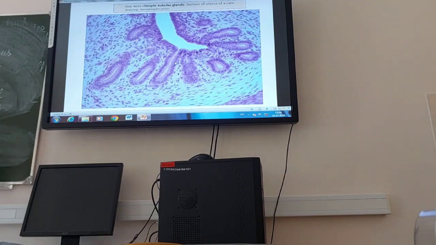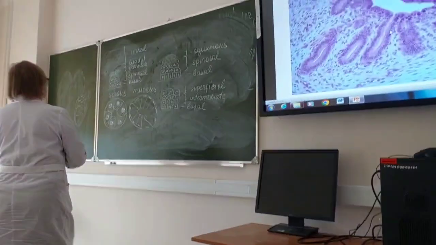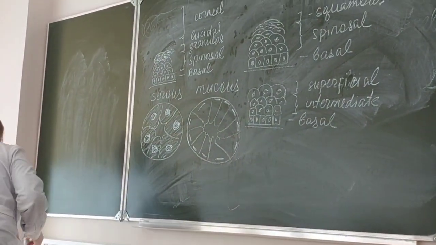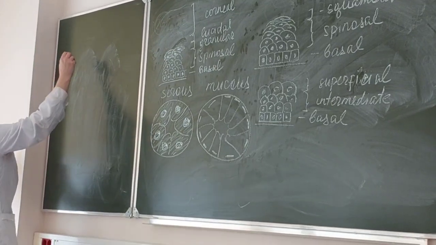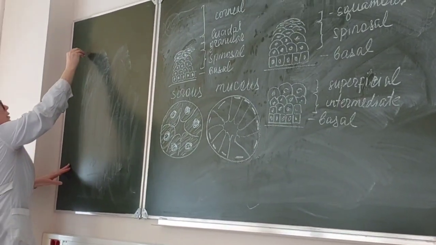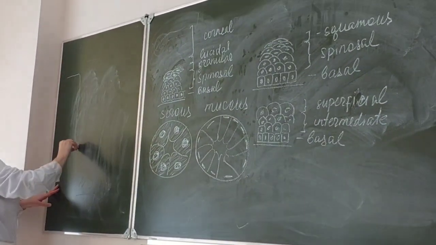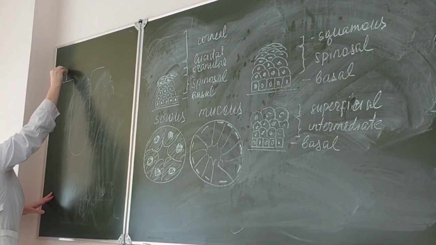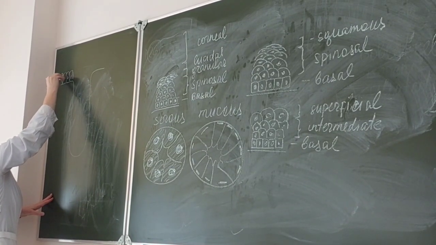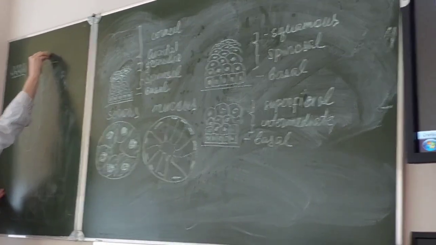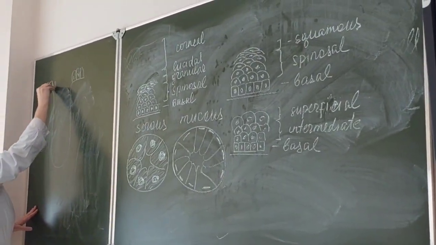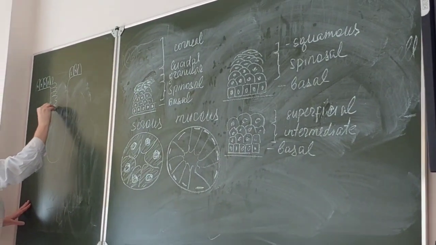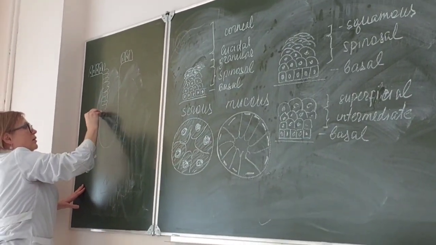So, for example, this is the basement membrane I draw, and this is epithelium, like the lumen of the uterus, and this again epithelium that forms the gland.